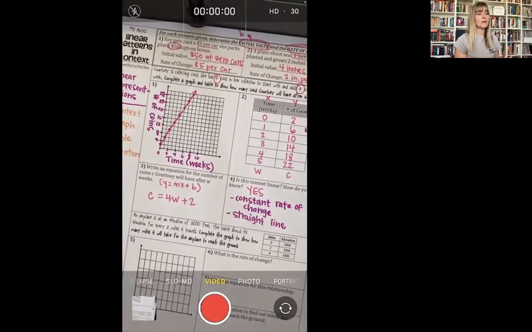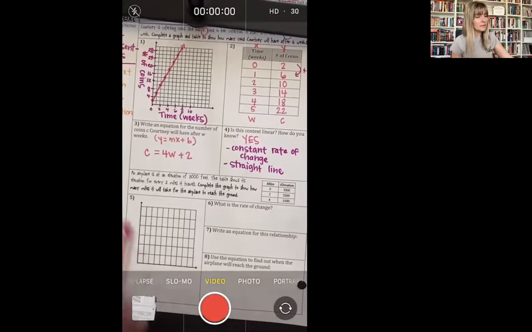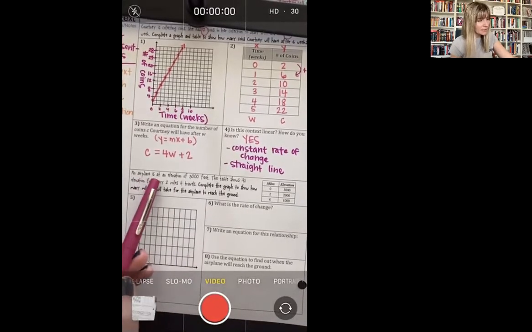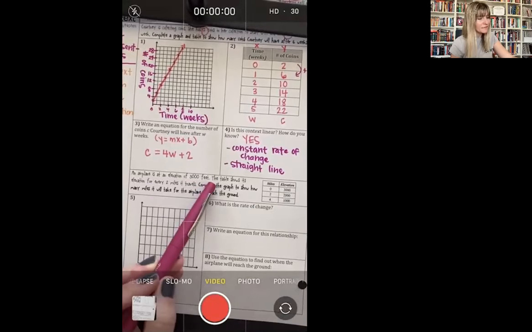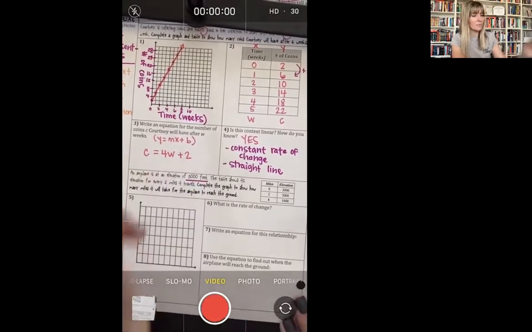So that scenario was me giving you a context and you coming up with a graph, a table, an equation. I can also start you with something different, like down here, there is a context here. An airplane is at an elevation of 3,000 feet. So the elevation is in feet. This is our starting point now.